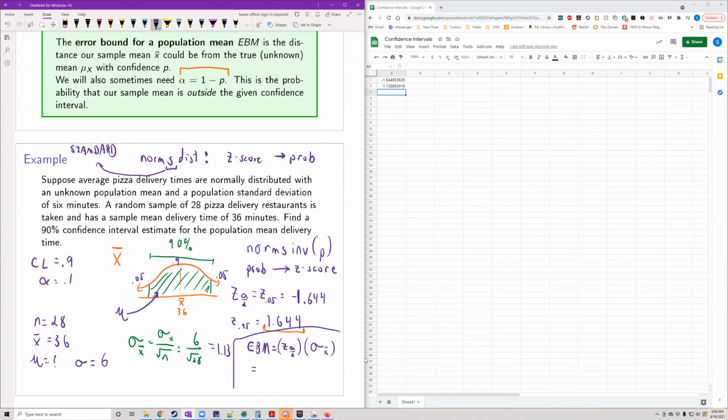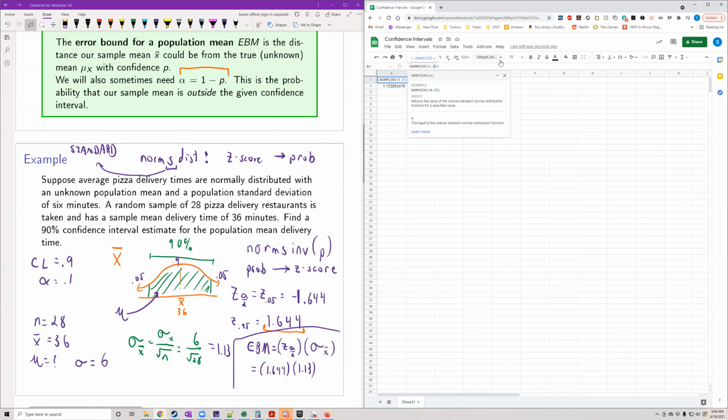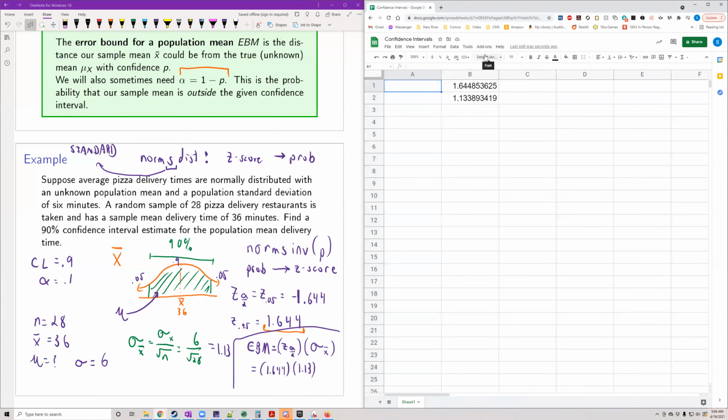So that ends up being 1.644 multiplied by 1.13. I'm going to change this from 0.05 to 0.95 because it will give us the positive version. And let's add in another column here to label what we're doing. We'll zoom in a little bit. So right here is the z of alpha over 2. And this is the standard deviation for x bar.